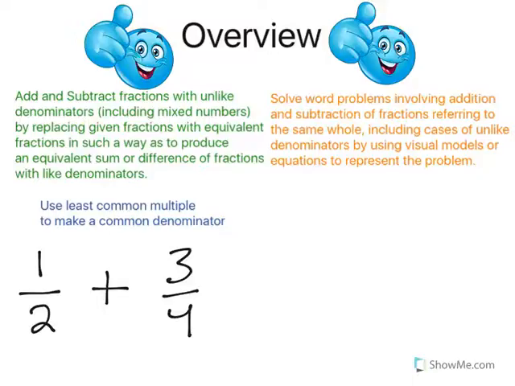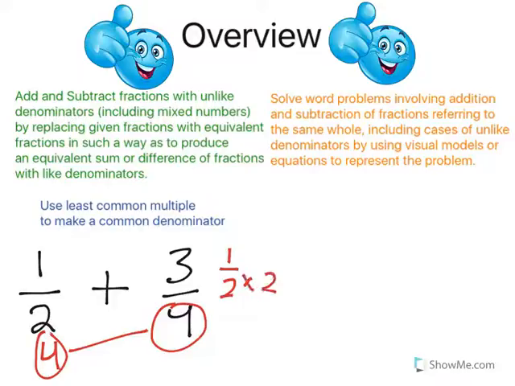So, like the example we had earlier, we have 1/2 and 3/4. We had 2, 4, found our least common multiple. We can keep this as it is. We do 1/2 times 2, because we had 1, 2, times 2, gets us 2/4.